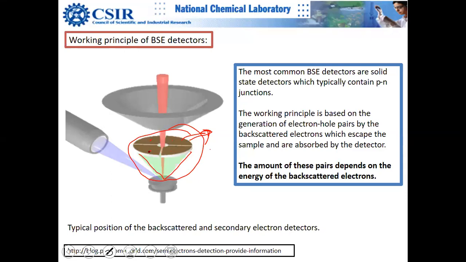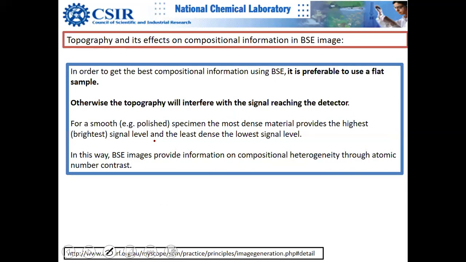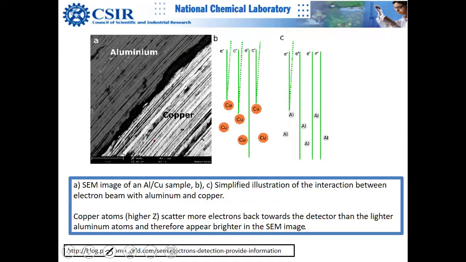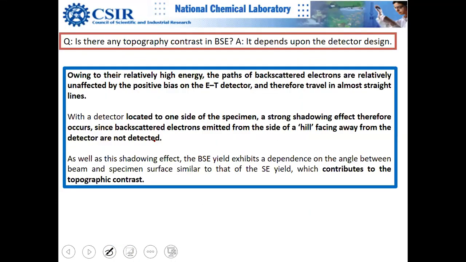So you can calculate how many electrons are reaching here, here, here, here. So you can have better information about the topography. It's a brilliant idea actually to split into four parts.